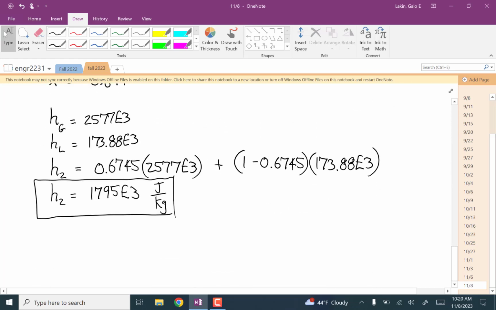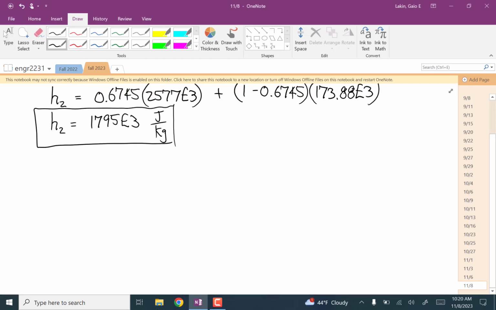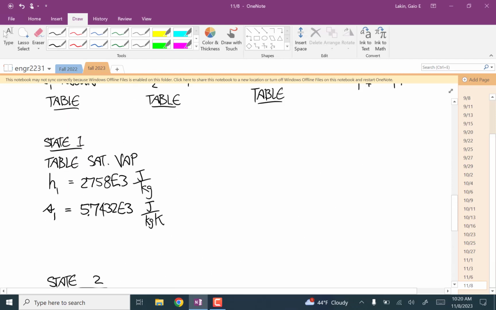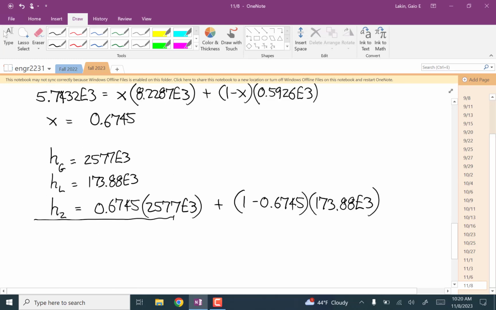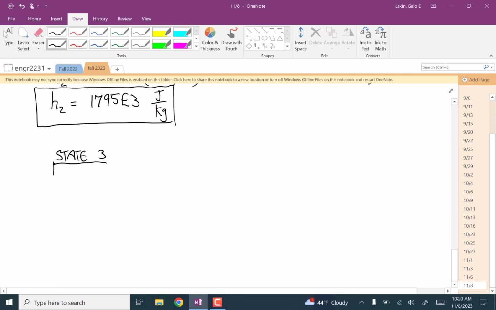Okay. So state 3, this is a saturated liquid. We know the pressure, so we can just look this up directly.